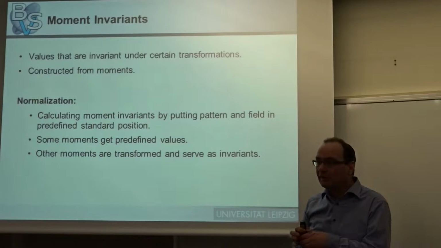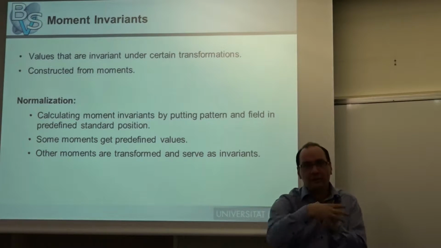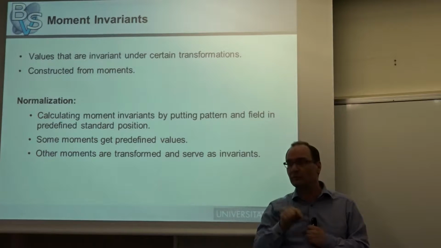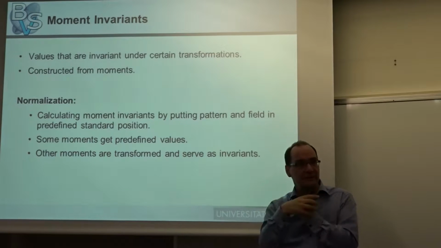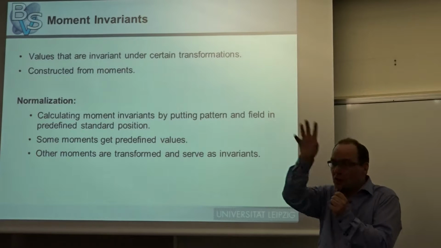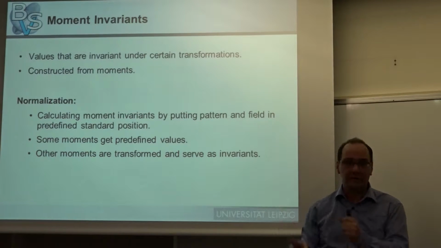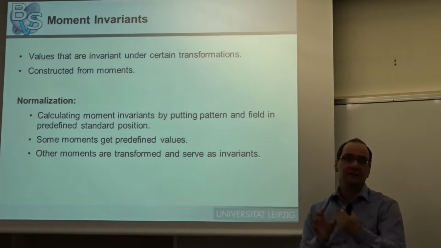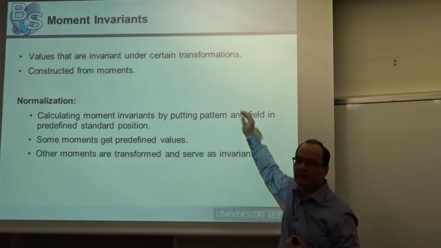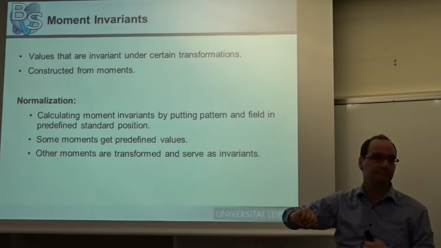Because I know that all my moments change in a certain way if I move it or rotate it, I can take a few of those and calculate the actual translation, scaling or rotation, and then change all the others, and then compare the others, except for the ones that I used to calculate which transformation was applied. That's once again a trick that we just borrowed from image processing. This is well known.